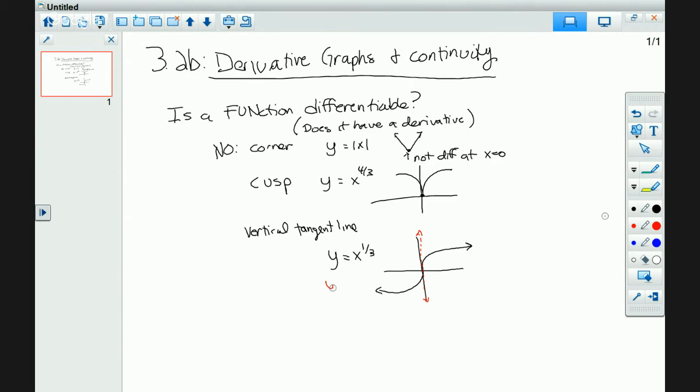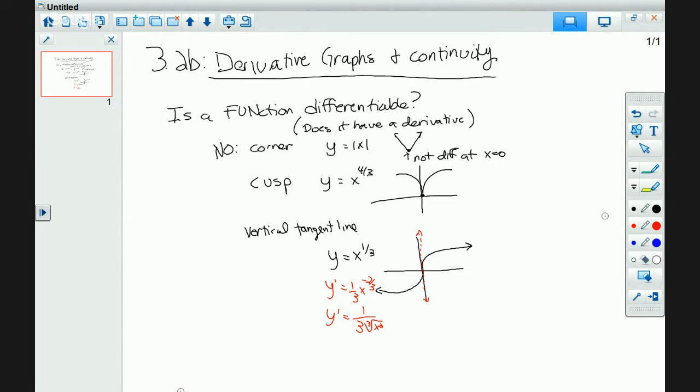So that's the derivative of the power rule. It's the same as this. If x is 0, what is the slope?